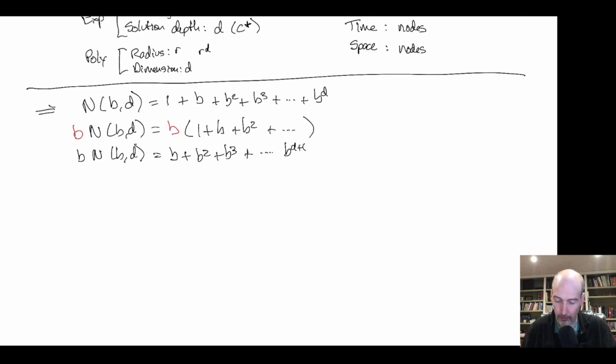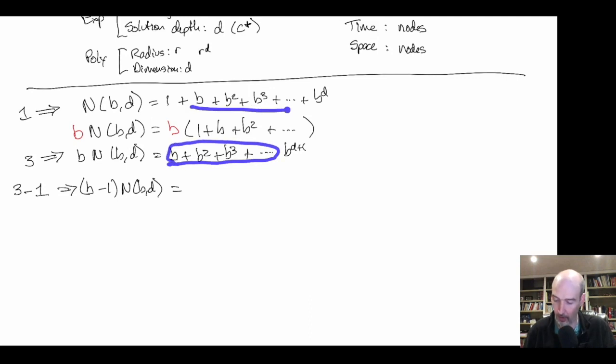Now we have 2 different equations. We're going to look at this equation here and this equation here, and we can subtract them from each other. If I call this line 3 and this line 1, what I want to compute is 3 minus 1. That gives me b minus 1 times n of b comma d. And that's equal to, what we notice is that all of the values inside here are the same as all the values here.